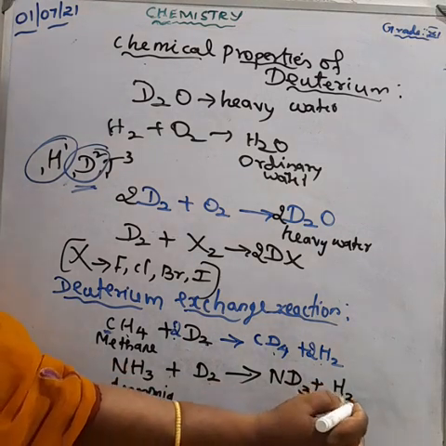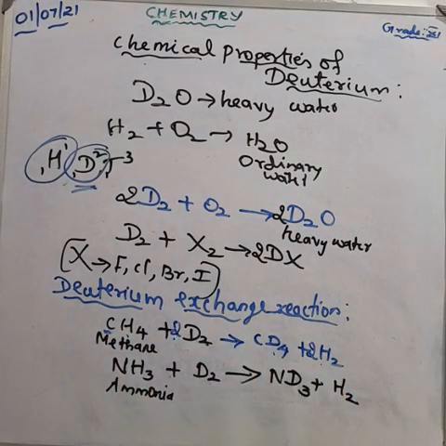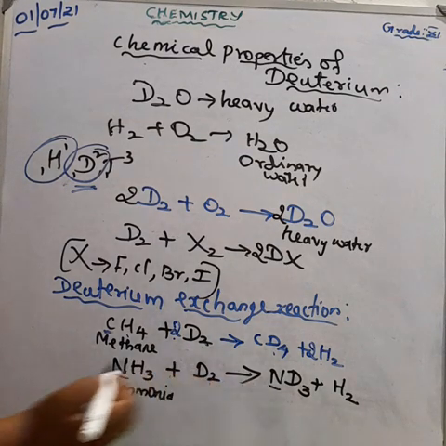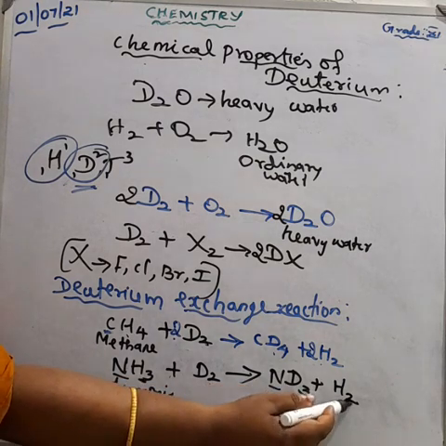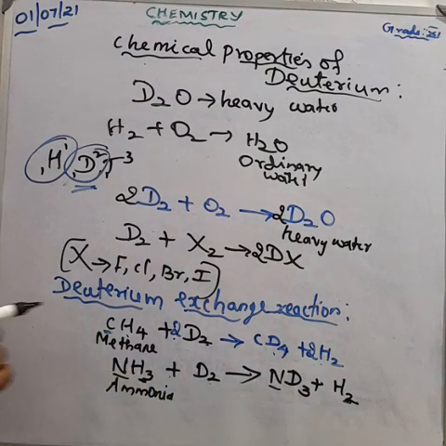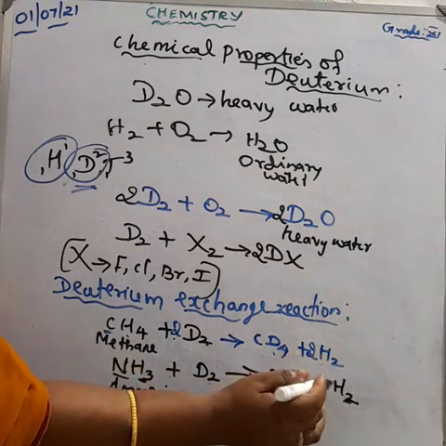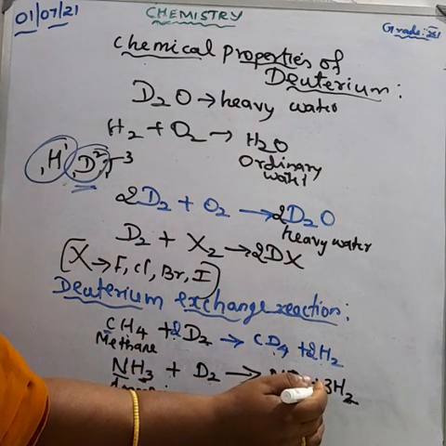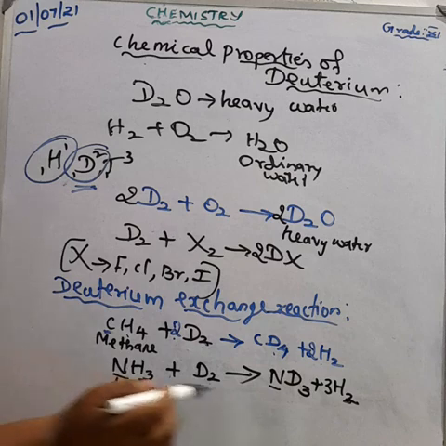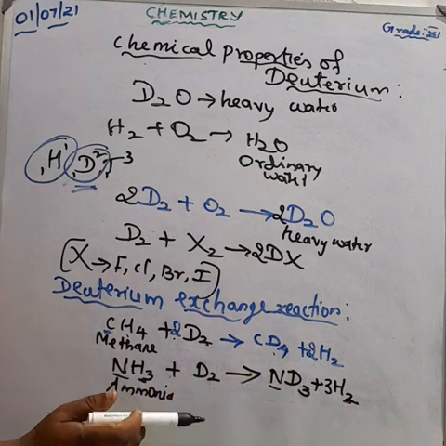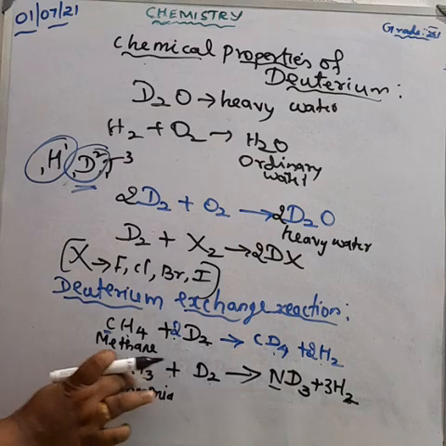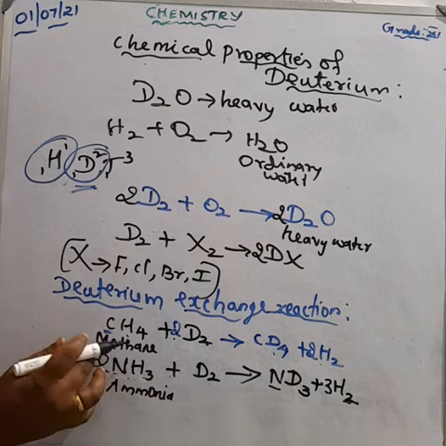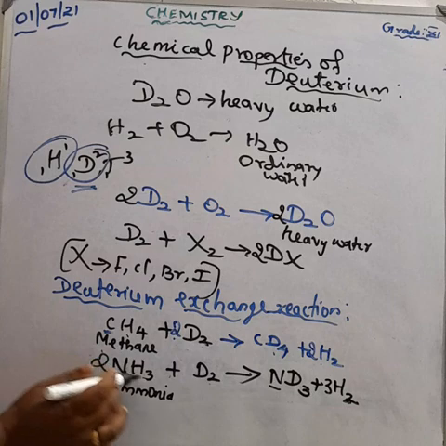We have to balance the equation here. Nitrogen: only one nitrogen here and one here, but hydrogen: 3 hydrogen atoms here but only 2 here. So we have to make it 3, then 3 2s are 6 here, and here 3 hydrogen atoms, so we make it 2, so 2 3s are 6.